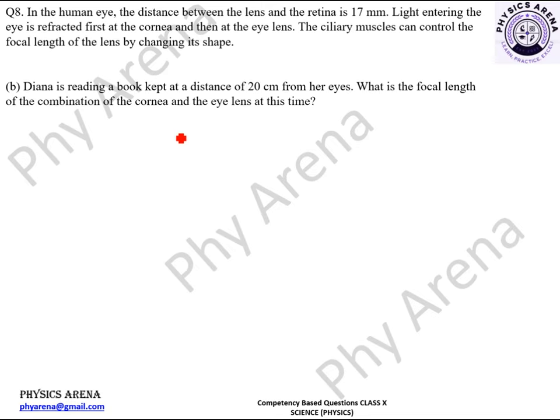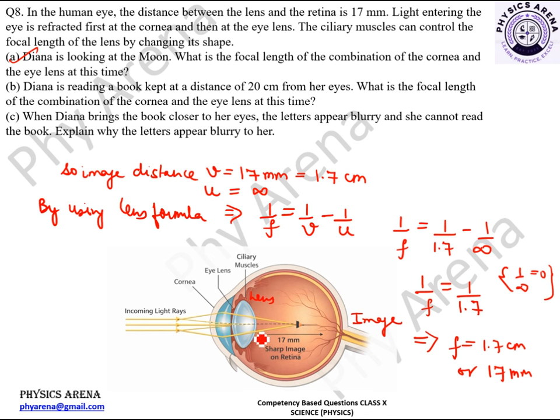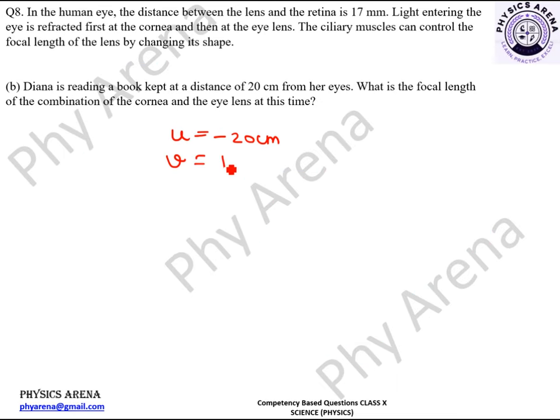We can write that U here is minus 20 centimeter. And the image distance is already given to us, that the lens and the retina are at a distance of 17 millimeter, or 1.7 centimeter. So V is 1.7 centimeter.